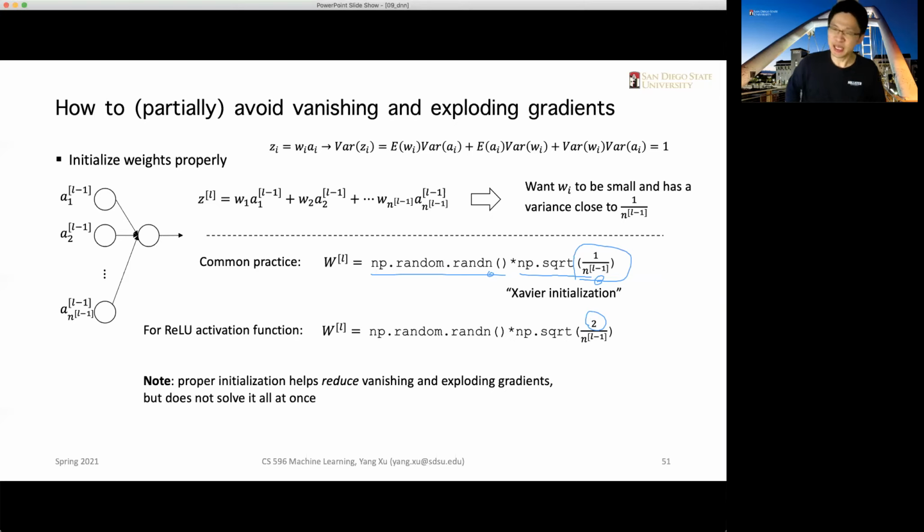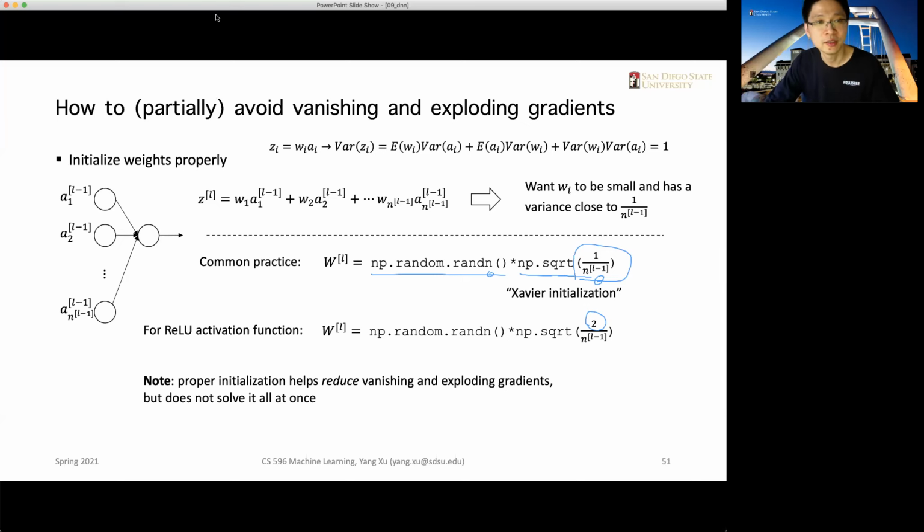But actually it doesn't solve it all at once, because the process of training a neural network model is actually full of accidents. It's like, I don't know what happened, but my gradients just vanished or just exploded. These are all possible to occur.